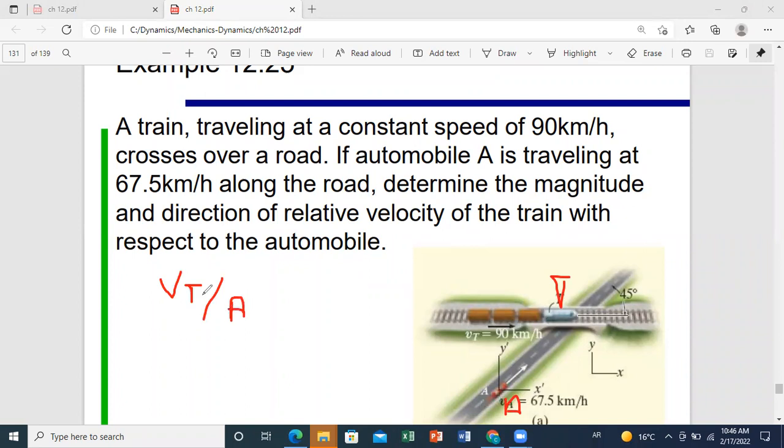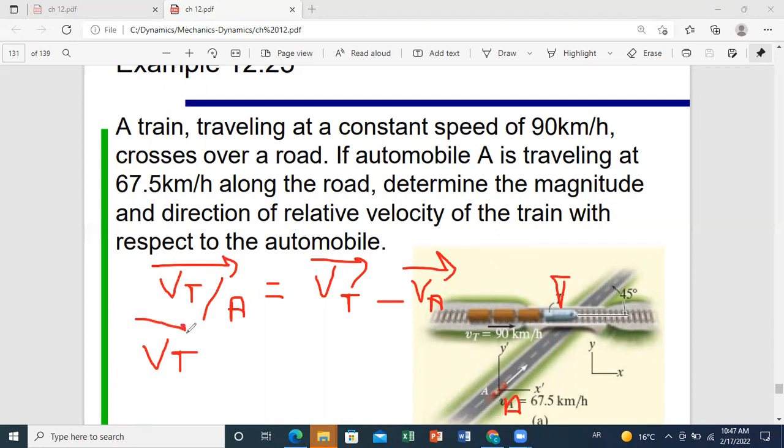Using the relation we developed, Vt relative to A is equal to the velocity of the train minus the velocity of the car, because the velocity of the train can be decomposed into the velocity of the car plus the velocity of the train relative to the car.